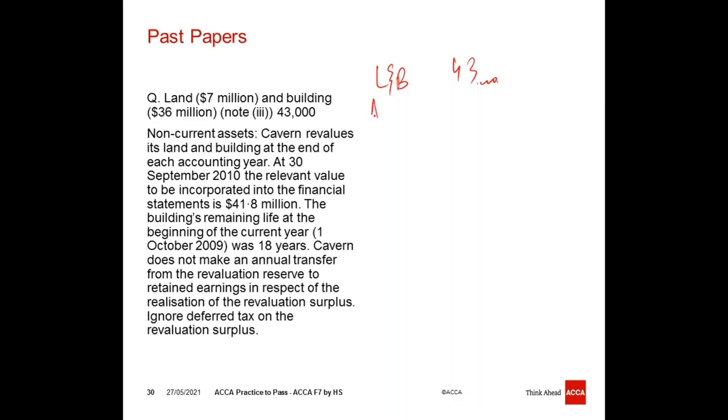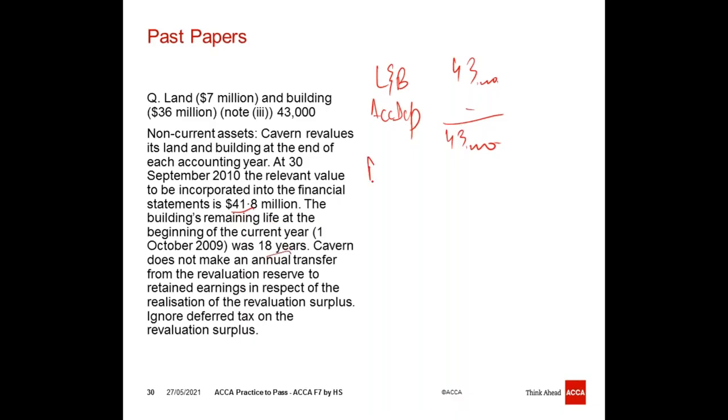Accumulated depreciation was not given to us, so the book value will be 43,000. Cameron revalues land and building at the end of each accounting year, at 30th September 2008. The relevant value incorporated in the financial statement is 41.8 million. The remaining life of the building at the beginning of the current year is 18 years.